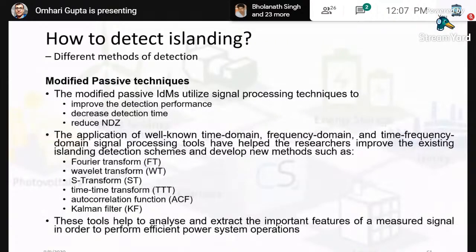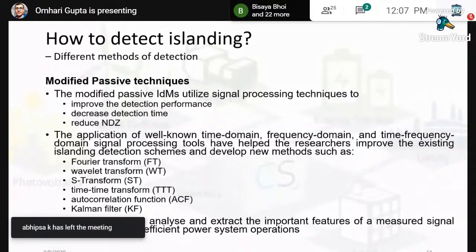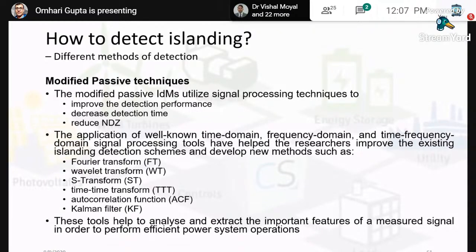Now there are modified passive techniques. As we saw that conventional passive techniques have the limitation of non-detectable zone. The idea of modified passive techniques is to reduce that non-detectable zone as much as possible.